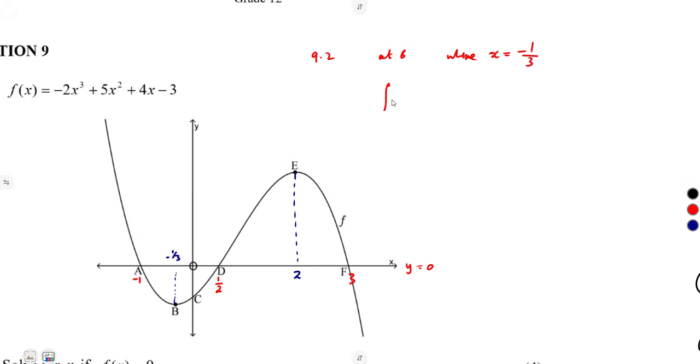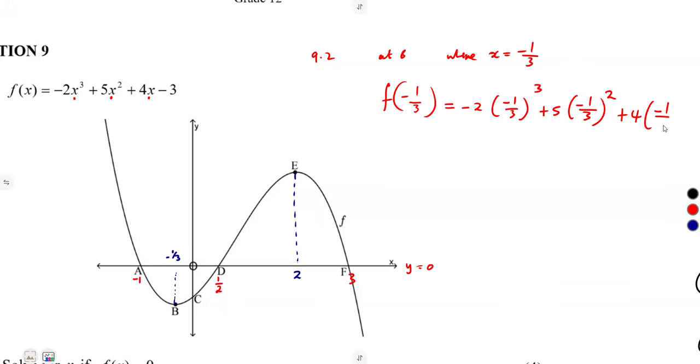Substitute that. That's going to be f of minus a third. Meaning to say, in place of x, put minus a third. So that's minus 2 into (minus a third) to the exponent of 3, plus 5 (minus a third) to the exponent of 2, plus 4.